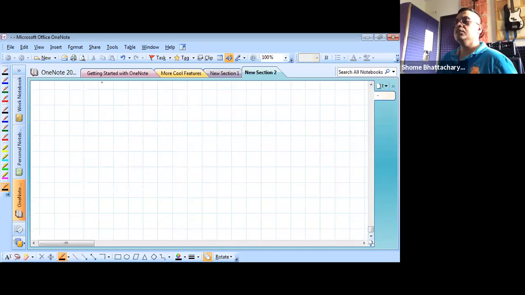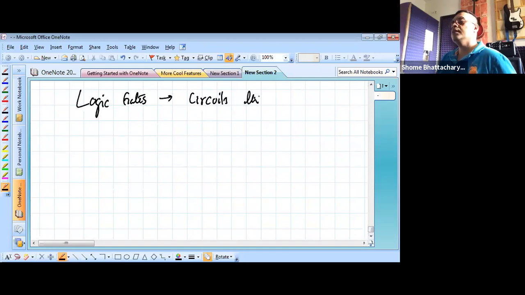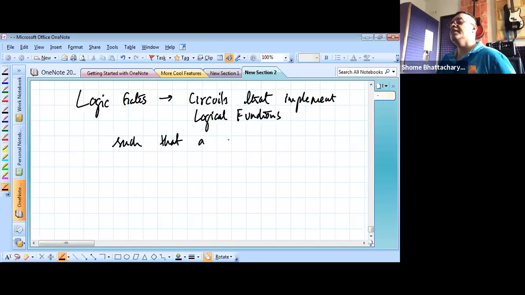Now coming to our main area of interest, logic gates. They are circuits that implement logical functions such that a variable is represented by a voltage.